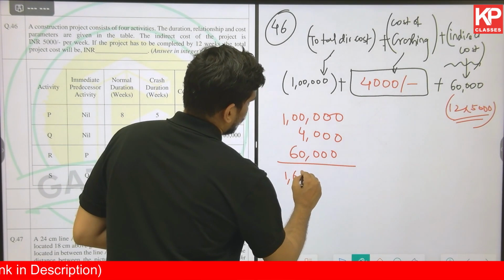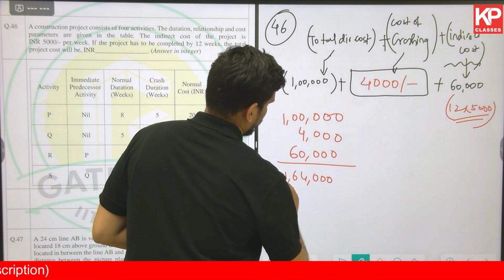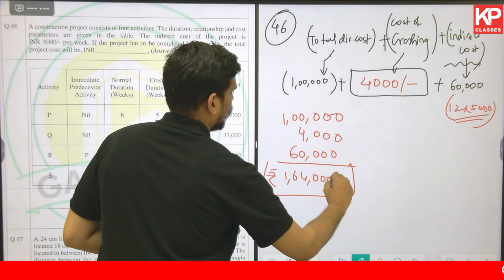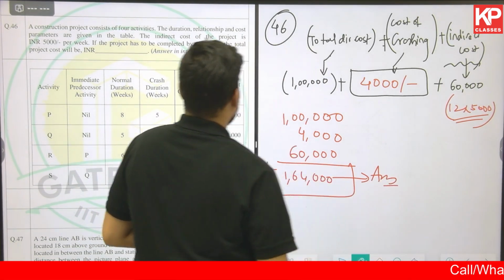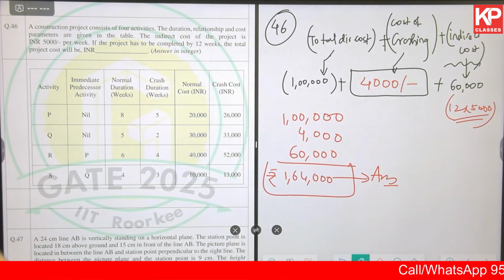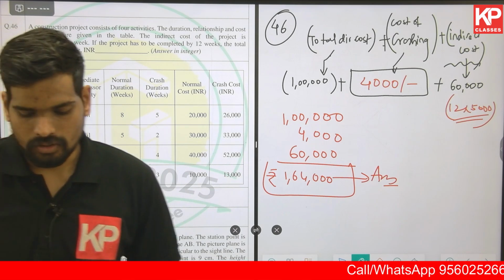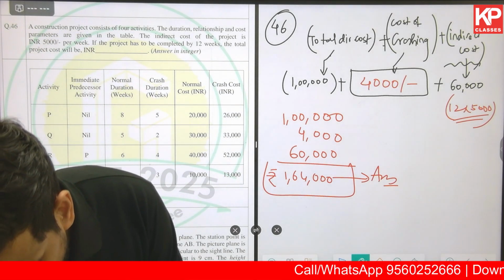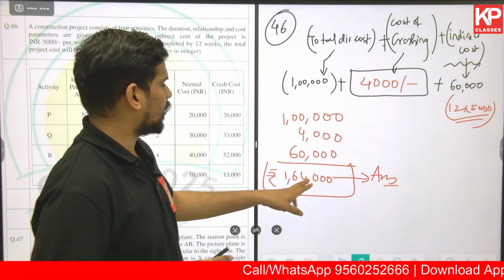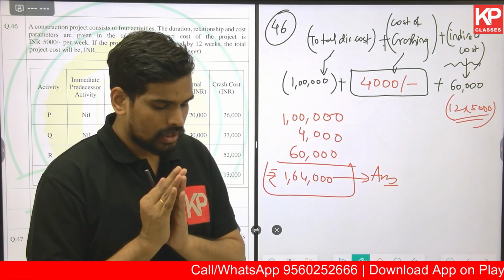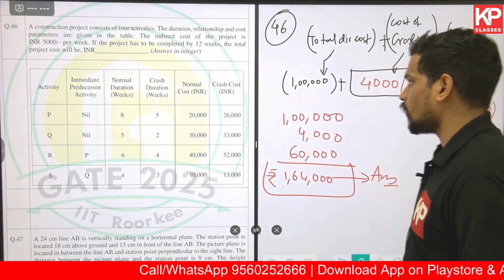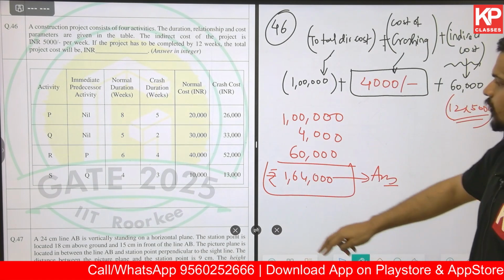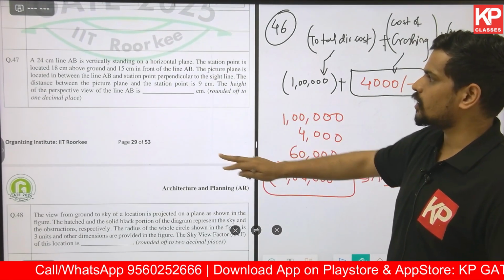So this is coming out to be 1,64,000 rupees. That will be the final answer for this question. I don't think there will be any range for it, because there is no rounding off error or something which can happen here. As per the official answer key, the exact answer is 1,64,000, without any rounding off or range. That's the 46th question based on crashing from project management.